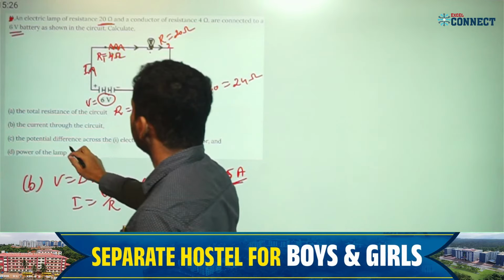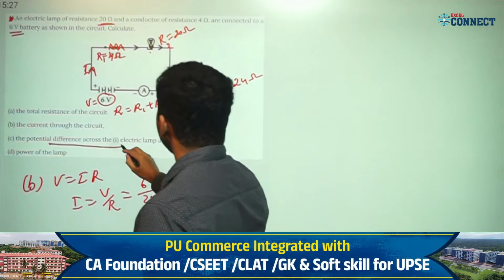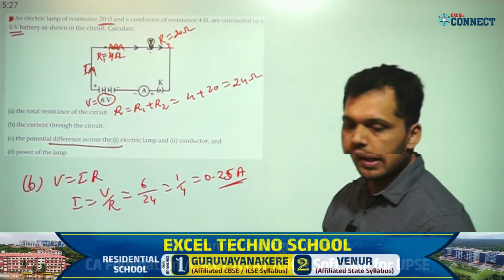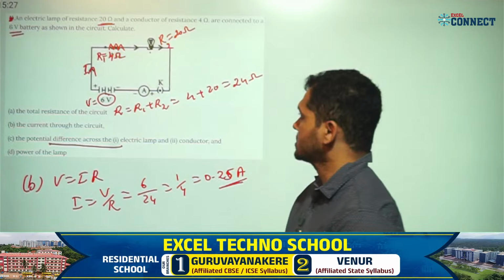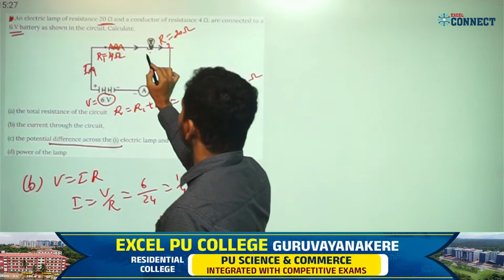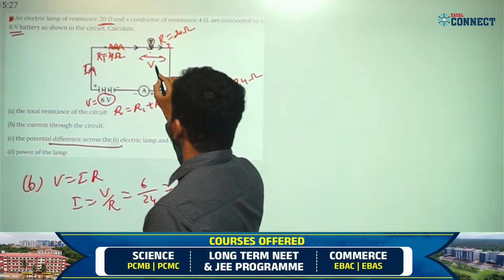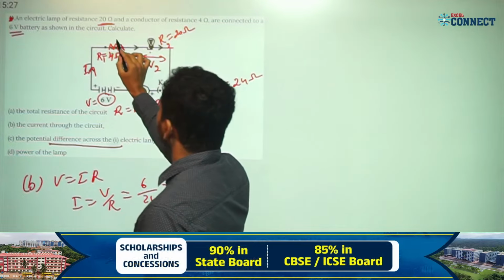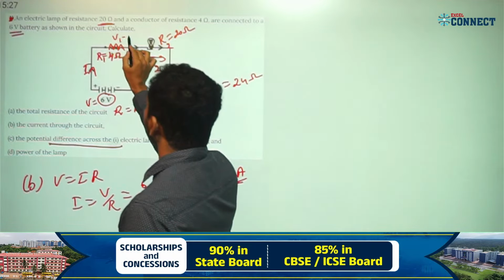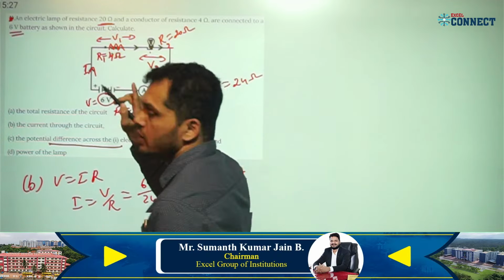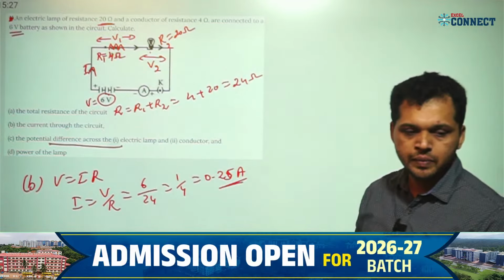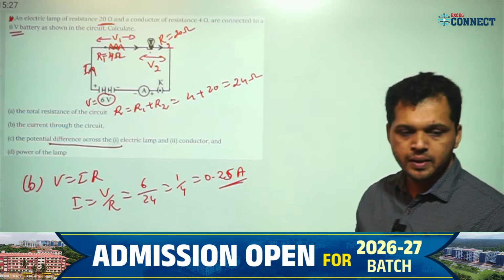The potential difference across the electric lamp and conductor, separately, we have to calculate. For the electric lamp, I will write this potential difference as V2, and for the resistor I will write V1. V1 and V2 I have to find. How to get V1 and V2?